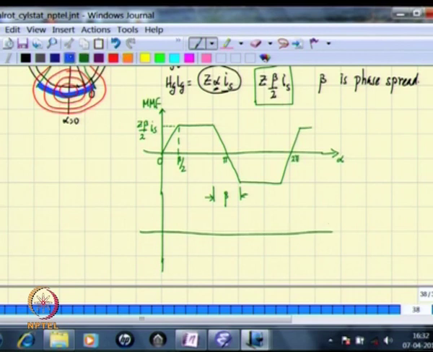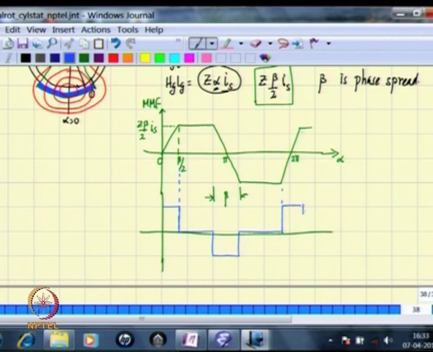The derivative of this waveform would then look like this: from 0 to beta by 2 the slope is constant, so it is a constant value, and then from beta by 2 to this value the slope is 0, so the derivative is 0, and then here to here the derivative is again constant and then goes to 0 at this point and then goes high again until this, and so on.